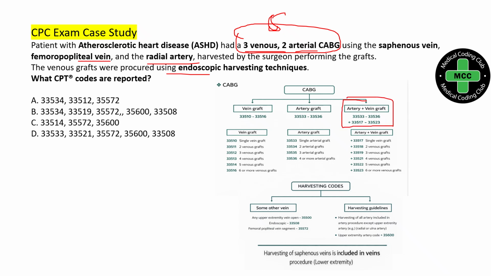You can check here for artery, as I already said, you will take the primary codes for artery, but when you are coding for vein graft, you must take the add-on codes. Then you need to look into the harvesting, and they have mentioned they took from the saphenous vein. So the saphenous vein is included and you should not code for the harvesting, but the femoral and the radial artery you need to code separately. Also endoscopic. Okay, all three you should code separately.